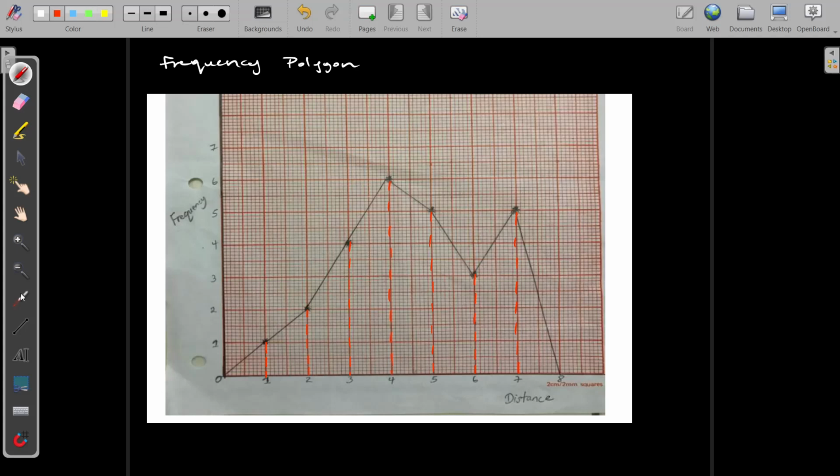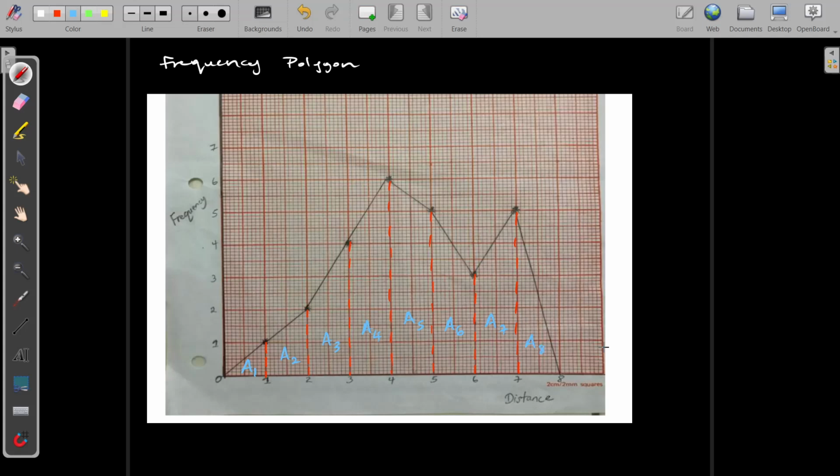Eight. 1, 2, 3, 4, 5, 6, 7, 8. So what you're required to do is label these shapes. This would be A1, A2, A3, A4, A5, A6, A7, and A8.